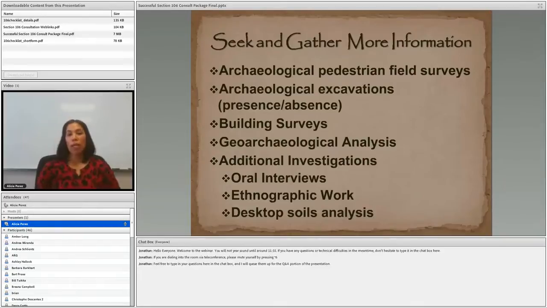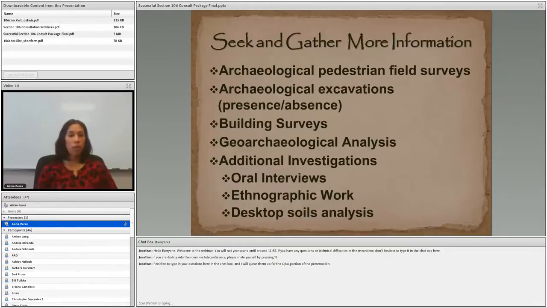So, other ways that an agency can seek and gather more information, these are just examples. Again, it just depends on the undertaking and potential to affect historic properties. So archaeological pedestrian field surveys, archaeological excavations, and of course building surveys. Our office does prefer that surveys, both archaeological and building, are no more than 5 years old.